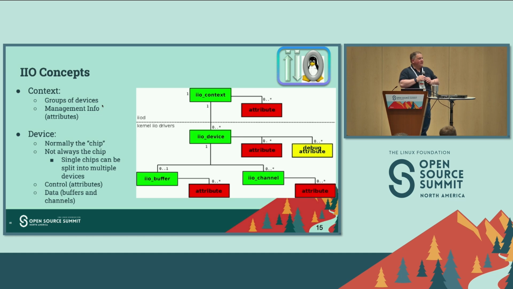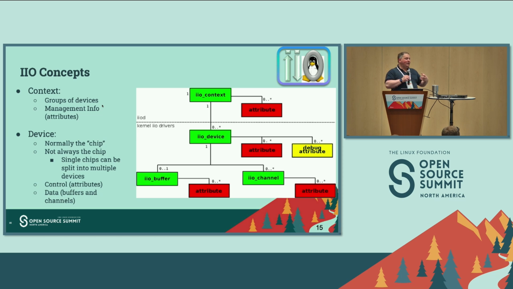Now, some of the concepts that we have in IIO: there's a context, which is a group of devices. Typically a single system is a context, and then I can have multiple devices. Each device can have attributes. A device can also have a debug attribute, and those debug attributes show up in debugfs.